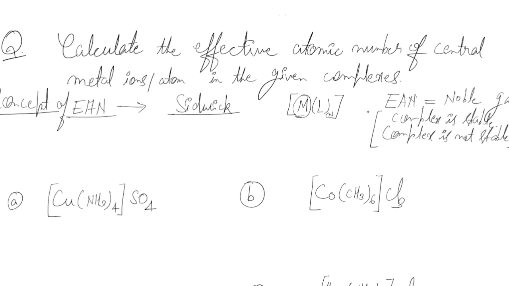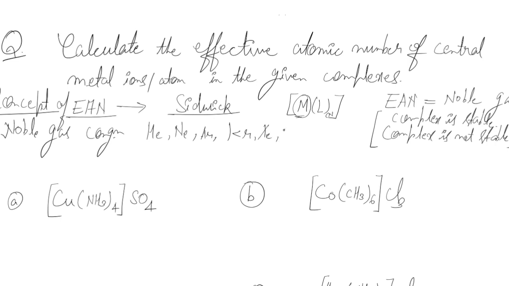But before that, we will talk about the EAN with the noble gas configuration. What do you mean by the noble gas configuration? The noble gases are helium, neon, argon, krypton, xenon, radon.